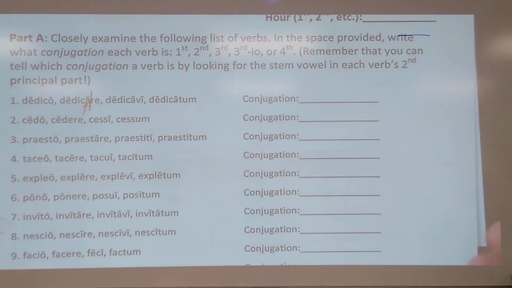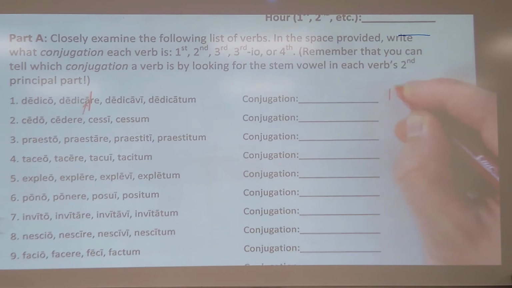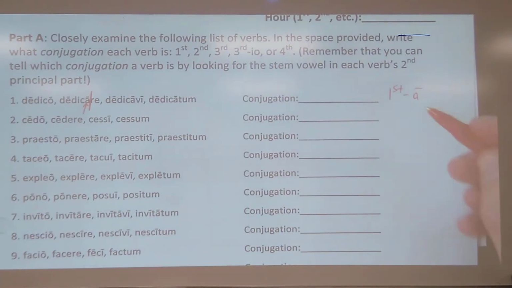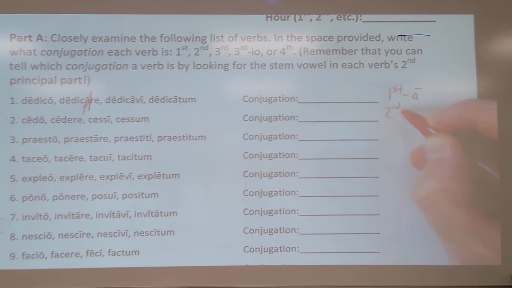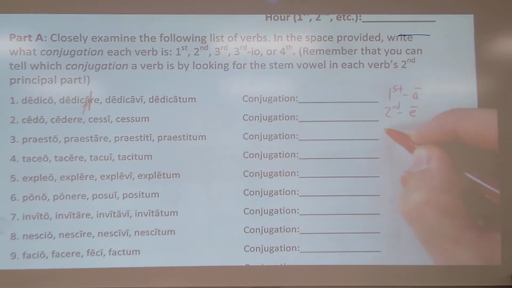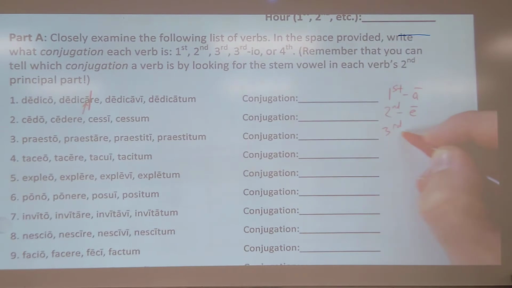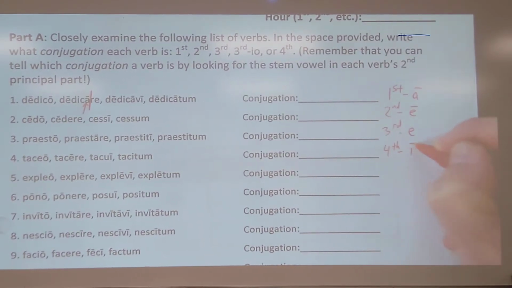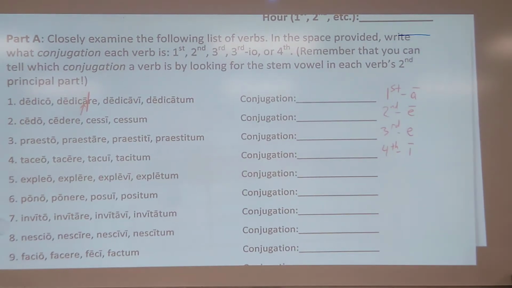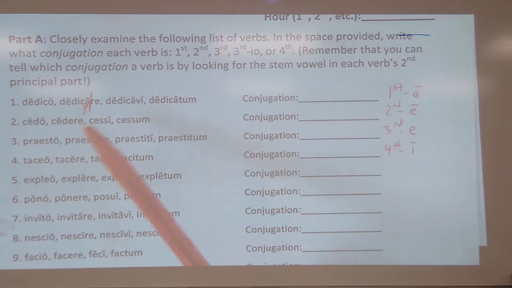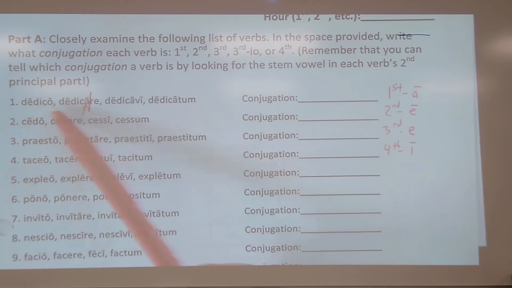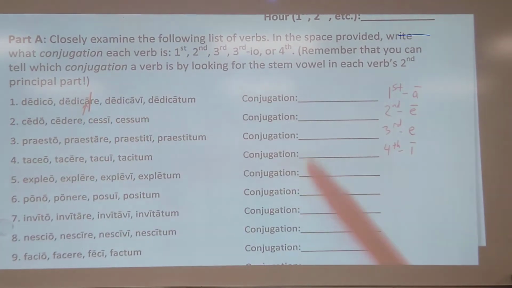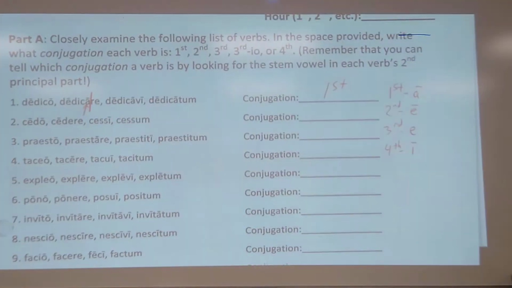So if you have a first conjugation verb, your vowel will be a long A. If you have a second conjugation verb, it will be a long E. If you have a third conjugation, it will be a short E. And if you have a fourth, it will be a long I. So, armed with that knowledge, our first verb here, dedico, dedicare, with that long A, would be first conjugation.